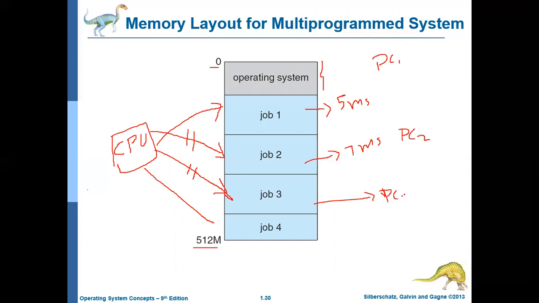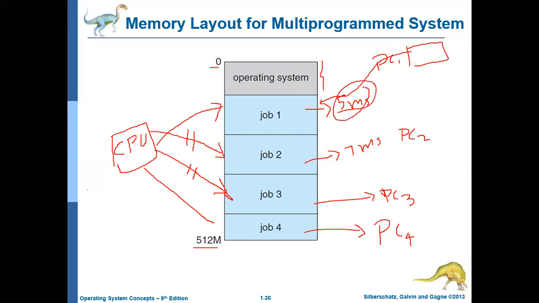Like that it will maintain a different program counter for different jobs. Initially, if the processor is executing job 1, it will check the address in PC1 and execute that address, and it will continue to check PC1 for 5 milliseconds.